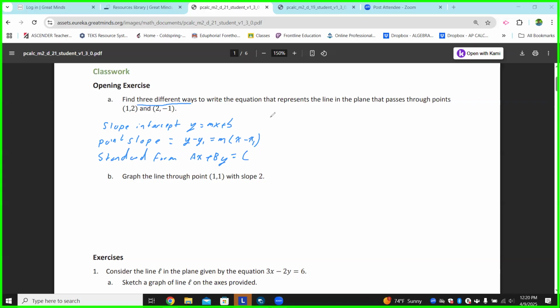All right, so these are the 3 forms they're going to want you to write it in. We'll start off by just simply doing what? What do I need to do first to be able to write an equation of a line when given 2 points? So when given 2 points for an equation of a line, what do you have to do first? Huh? Find the slope.